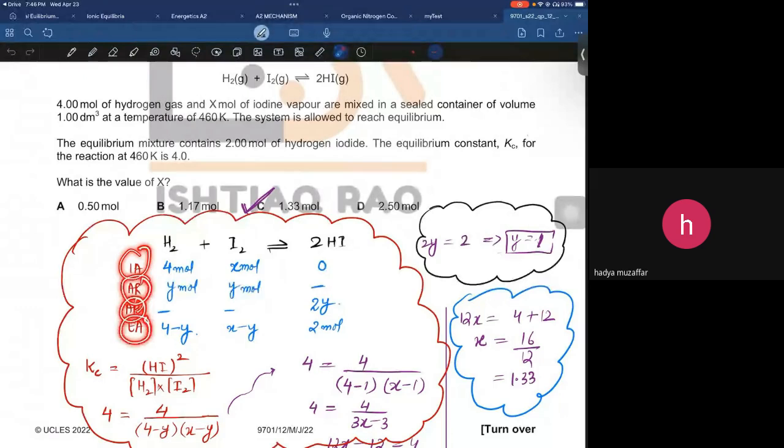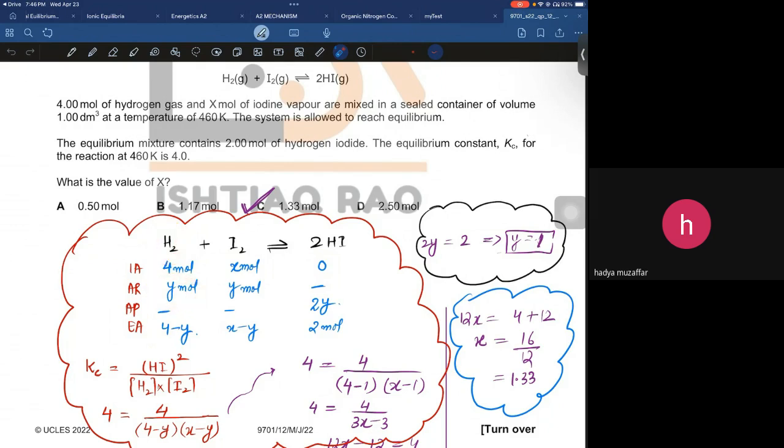We did the same method when I was telling you this topic. Initial moles: X mole of iodine, and the product is 0, because the reaction has not started yet. How much amount of hydrogen has reacted? I don't know, so this is Y mole.